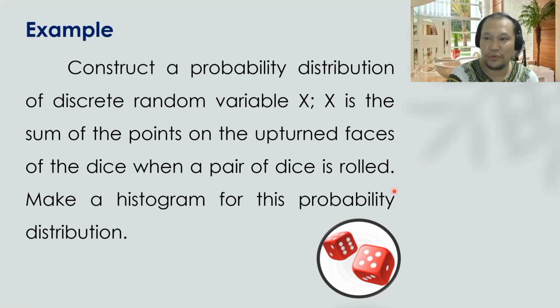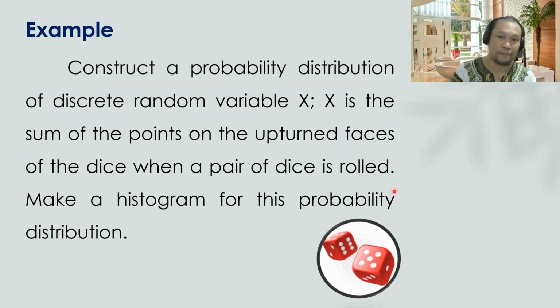Now let me show you the possible outcomes. Since the die has 6 faces, the possible outcomes for the first die will be 1, 2, 3, 4, 5, 6.